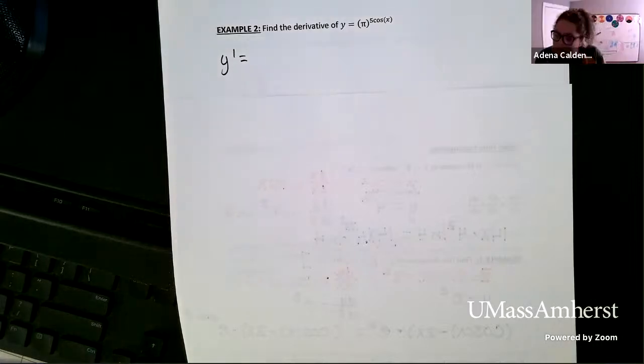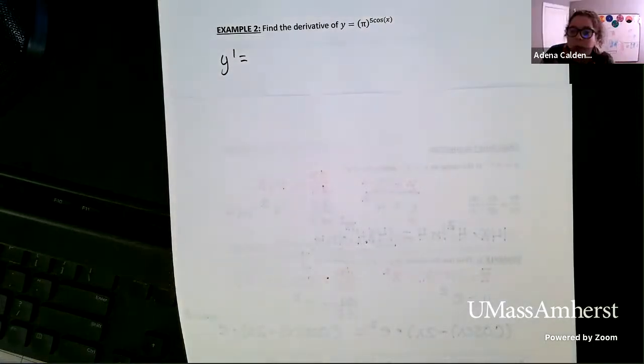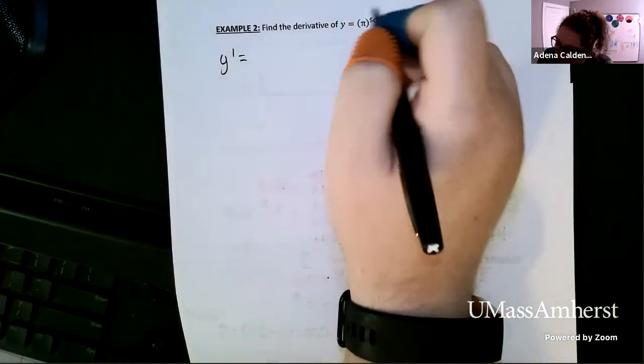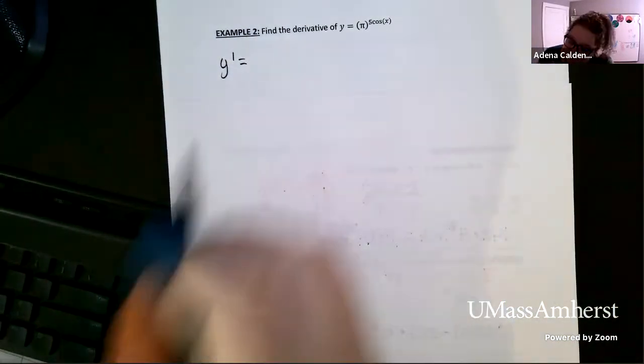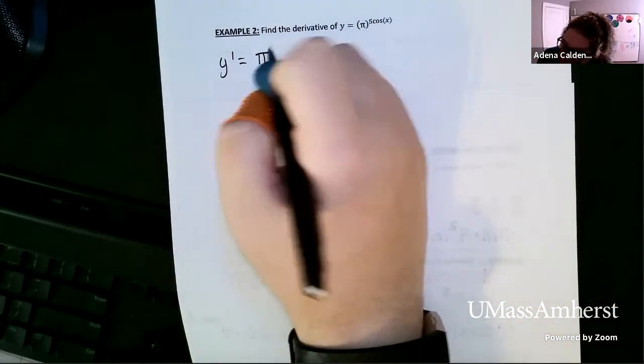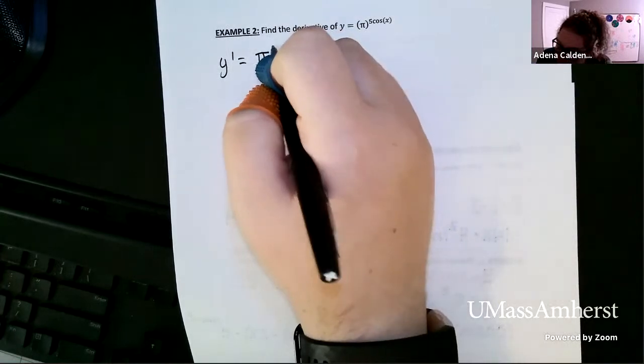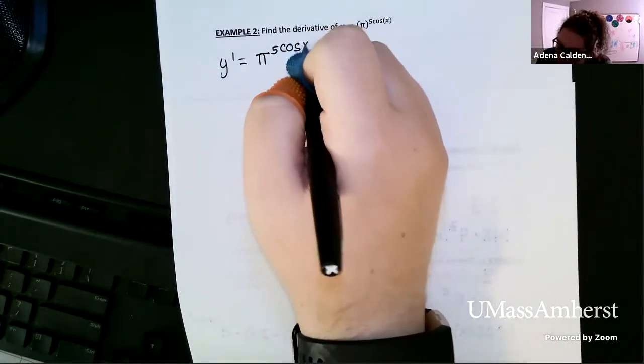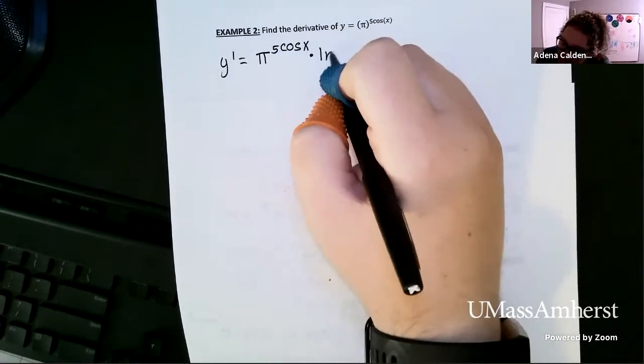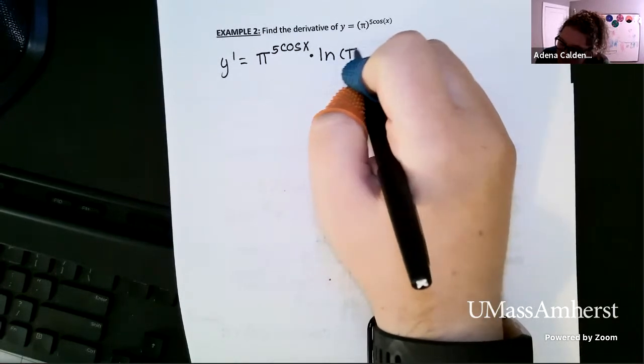All right, so let's take a look at this one. If we try to apply the shortcut method that we just looked at, what would that look like, right? So we get the same thing back. So we have pi raised to the 5 cosine x times the natural log of the base. That's the first part, right?